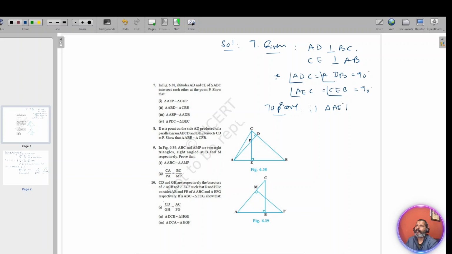Triangle AEP similar to triangle CDP. Triangle ABD similar to CBE. Third one I'll write here before only: triangle AEP similar to triangle ADB.